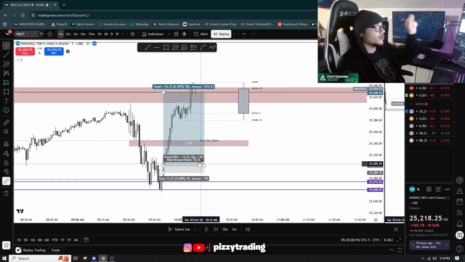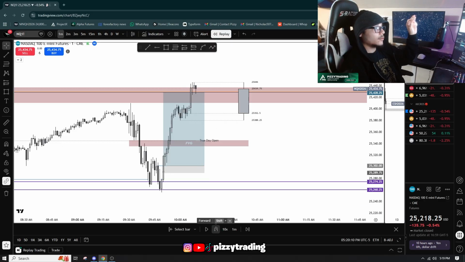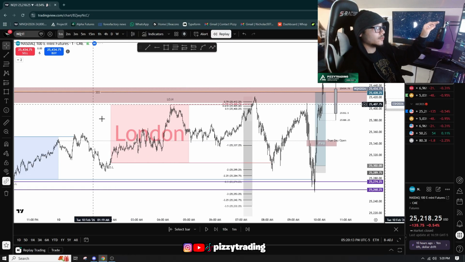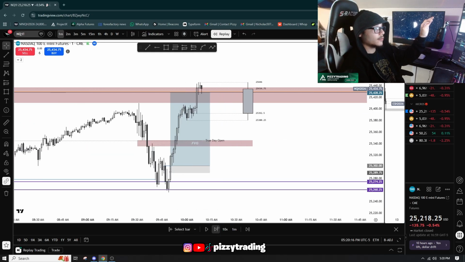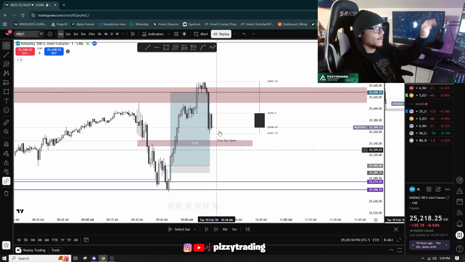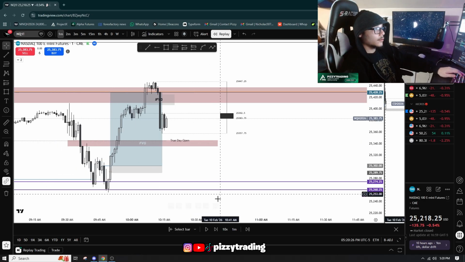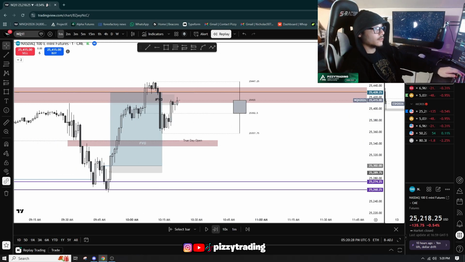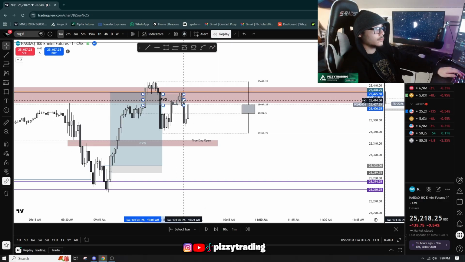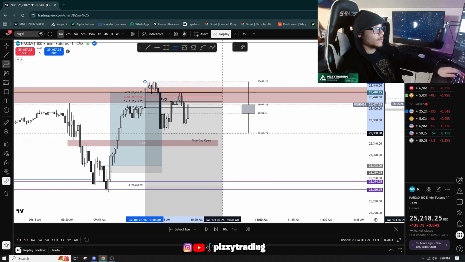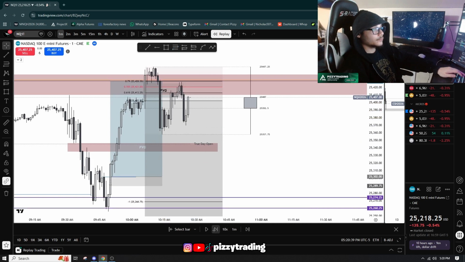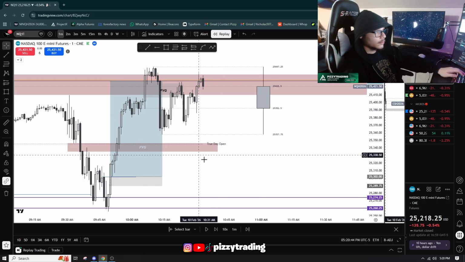Now what can we do here? Okay, we know we just took out overall buy side and we're still in this hourly gap. Now we see a potential inversion right there. Pull back to the inversion, you take out your fib here. And look, that inversion gets invalidated.